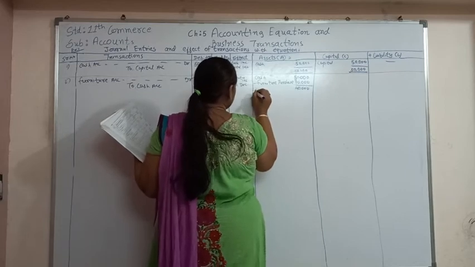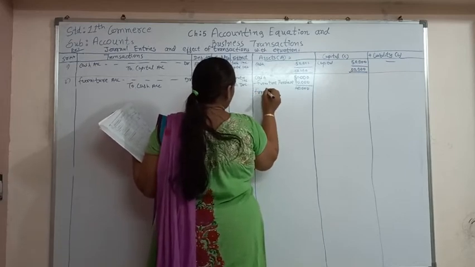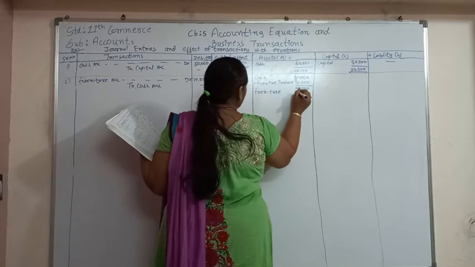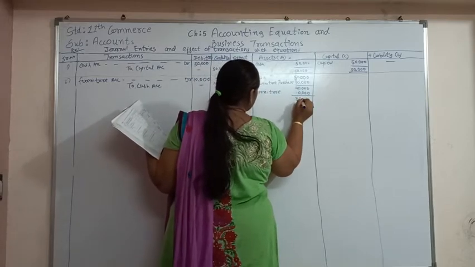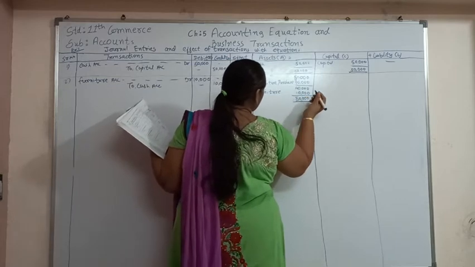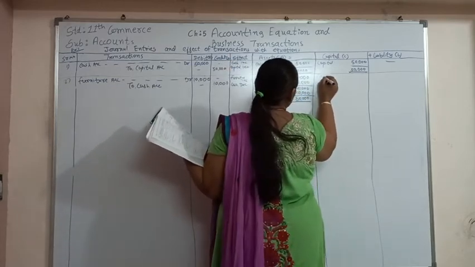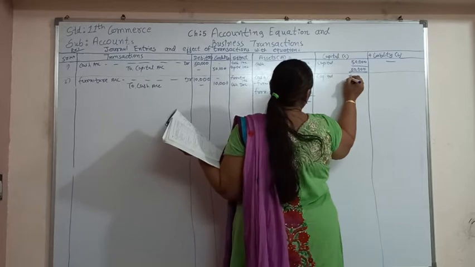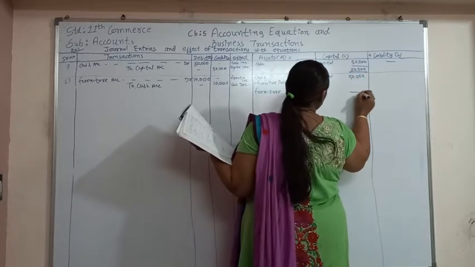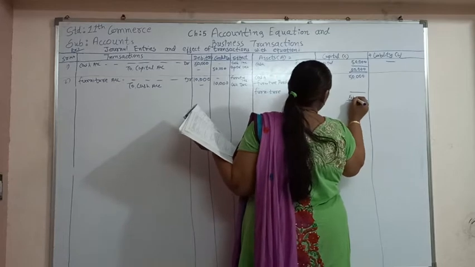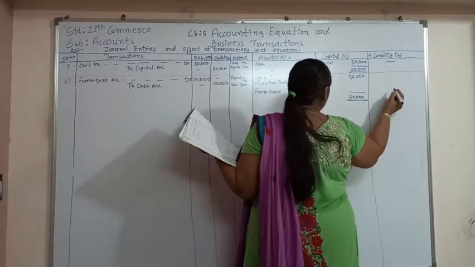and here we can see that there is another asset in the business, called the furniture account. So furniture of rupees 10,000 is an increase. So the total of assets is rupees 50,000, and capital is also rupees 50,000. Now let's make the total of both sides, and that total is 50,000.